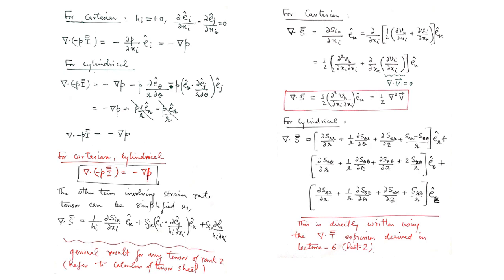So I directly used that result just by replacing the general tensor T by the strain rate tensor. So this is the result. As you know, the divergence of a tensor is always a vector, so the result is a vector in cylindrical coordinates having the radial, theta and z components.